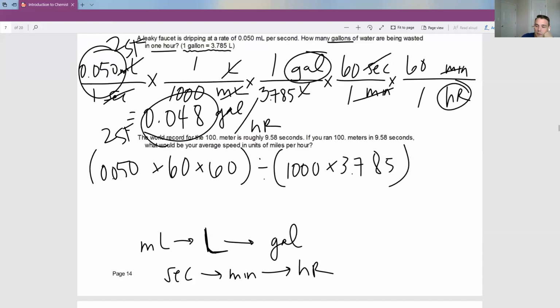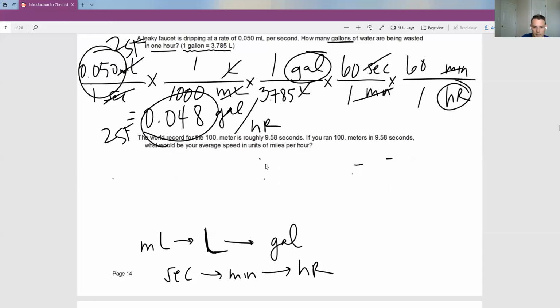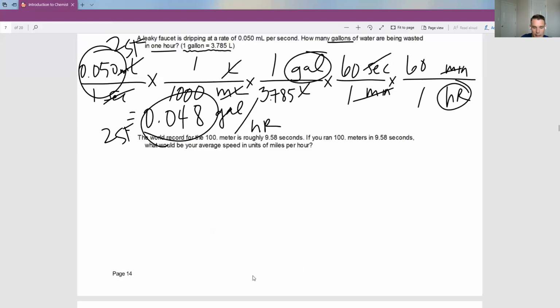Okay, we go ahead and erase this part so we can do the next problem. And I like to map out my problems, especially if I'm just starting doing this, to write out what I'm starting with and where I'm going. So the next one says the world record for the 100, and nope, there's a decimal there, so that has 3 Sig Figs, is roughly 9.58 seconds.